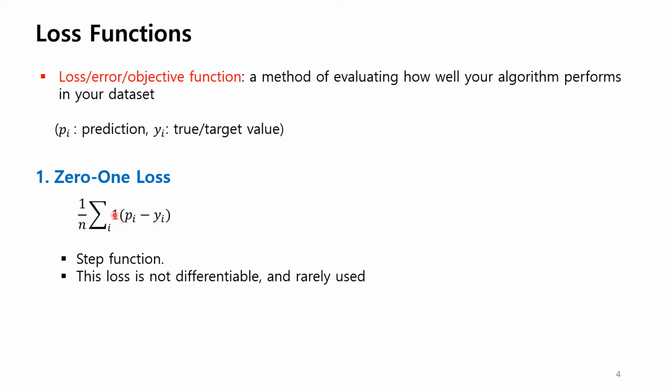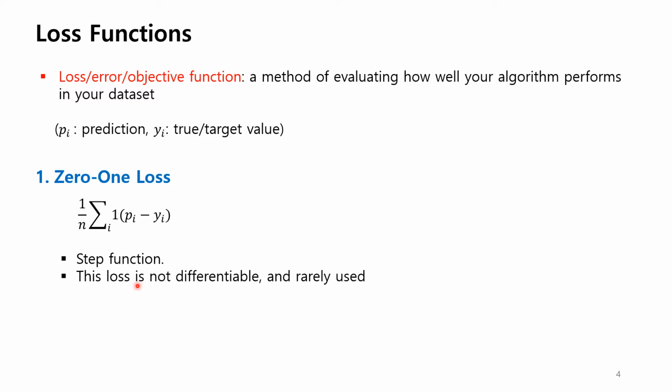So this returns either 1 or 0. That's the 0-1 loss. So you do all the summation and divide it by n; basically you calculate the average.